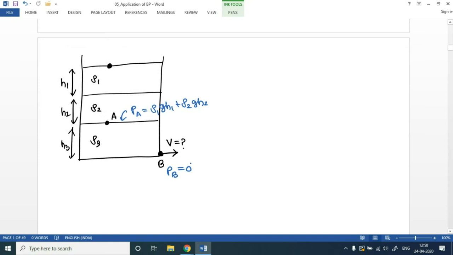So when we apply Bernoulli's principle, that is PA plus rho g hA plus half rho vA square will be equal to PB plus rho g hB plus half rho vB square.